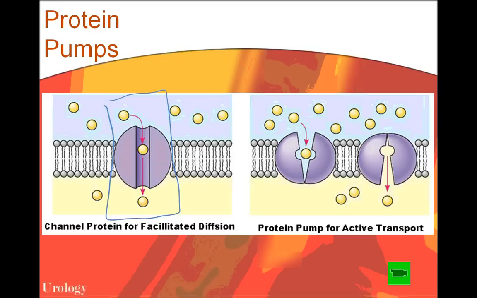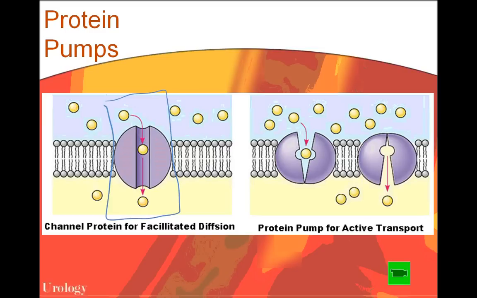That's what a protein pump does, because it's only wanting to move certain molecules through. Only certain ones can fit inside the protein. Well, it requires energy in order to make the molecule move back and forth. So what are we going to need?